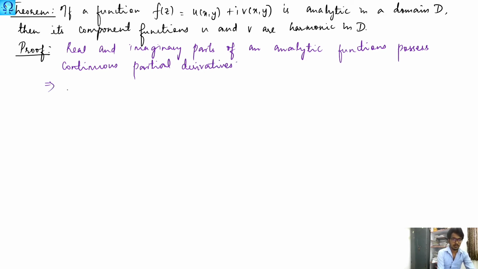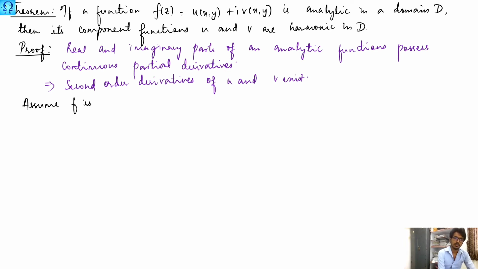From this, what we are coming to say here is that second order derivatives of u and v exist. This is the key point that we would have to take from the result that we have stated here. Now let us start our proof.